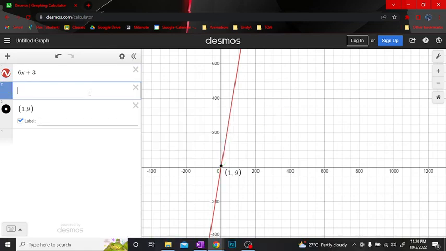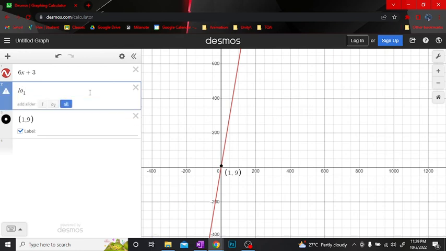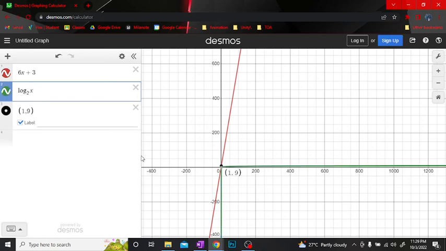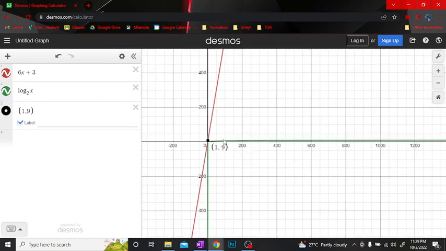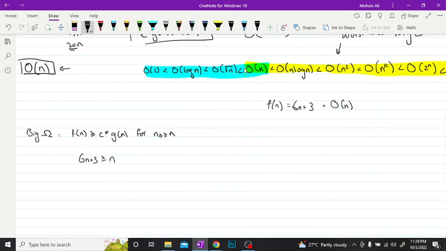Some would say, okay, let's take log of x, and that too would act as a lower bound of this. But since we are always looking at the tightest bound, we would prefer n rather than these other functions.